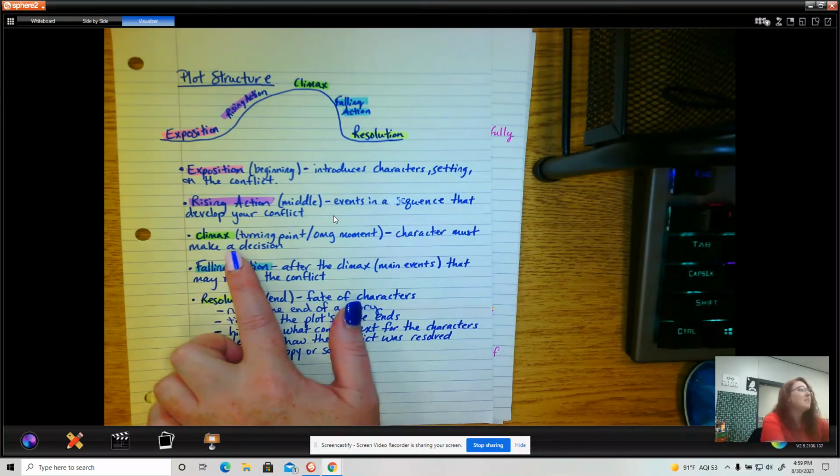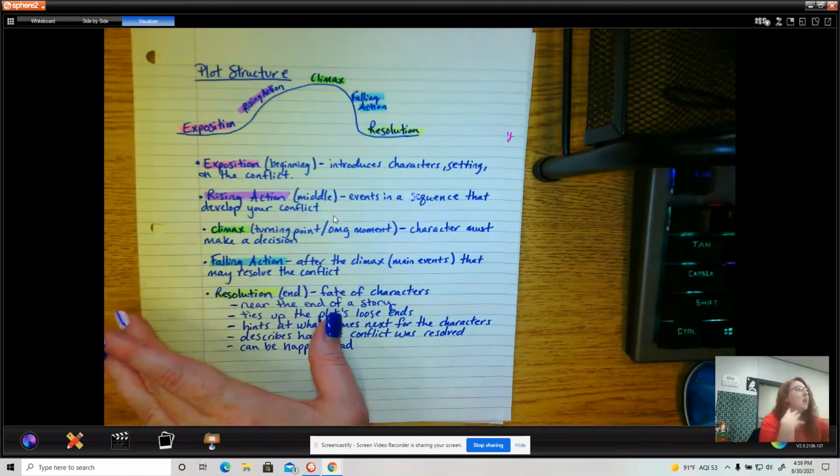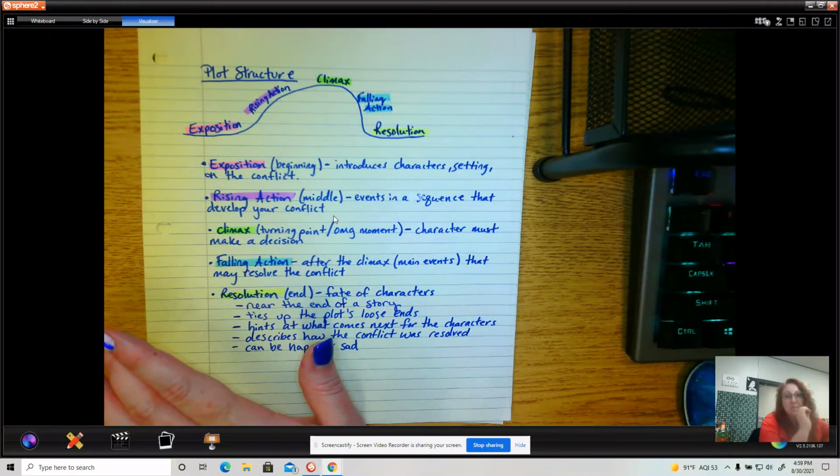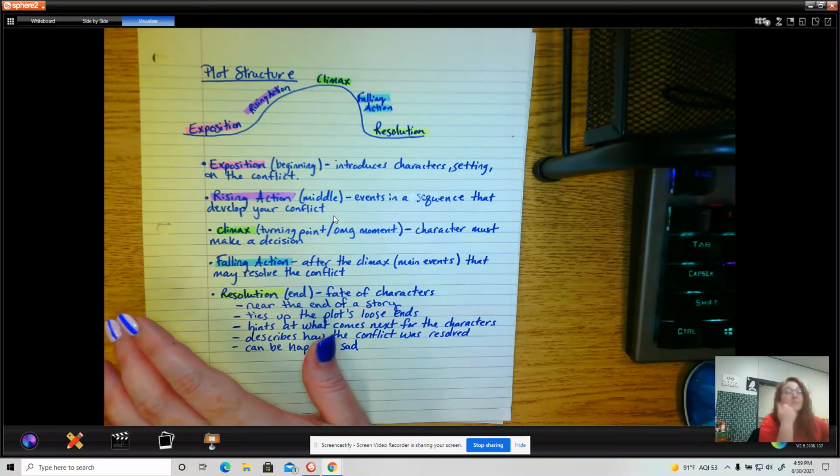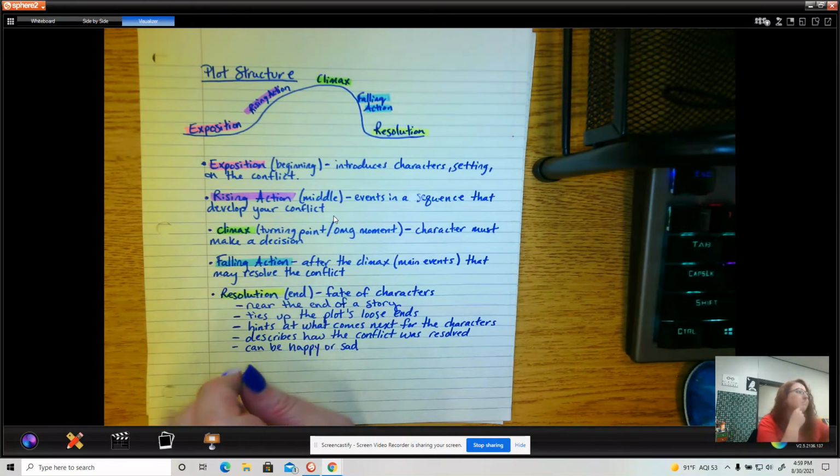Your climax is that turning point, and I teach my students that a climax is that OMG moment. Someone either dies, there's a battle. Those are examples of that OMG moment. It's normally where your character has to make a decision. Your falling action.